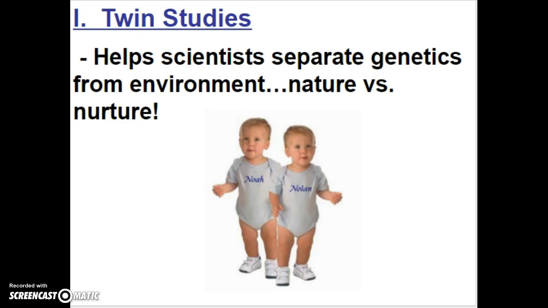They try to give them certain tests to see, for example, if they have the same types of physical abilities, the same types of job interests, because identical twins have a little bit more identical genes than your average brother and sister. They're not completely clones of each other, but it helps scientists separate the genetics from environment, or what science likes to call nature, meaning the genes, versus nurture, which is the environment.